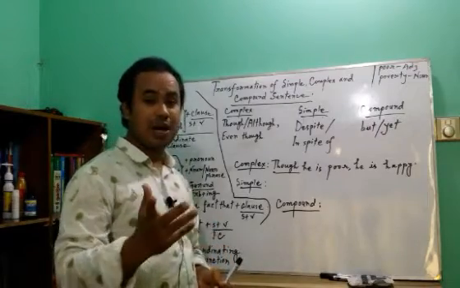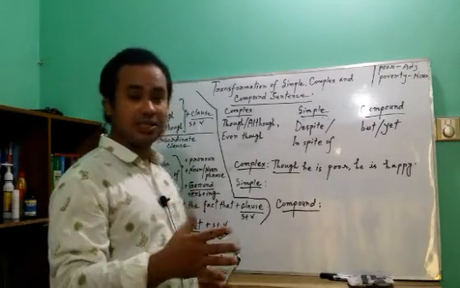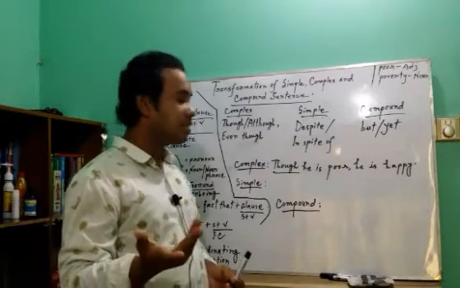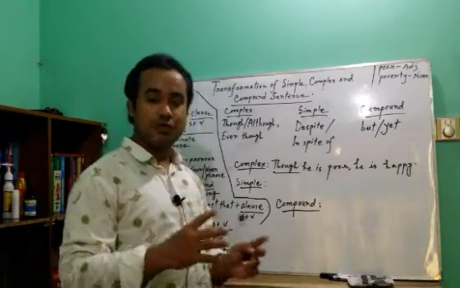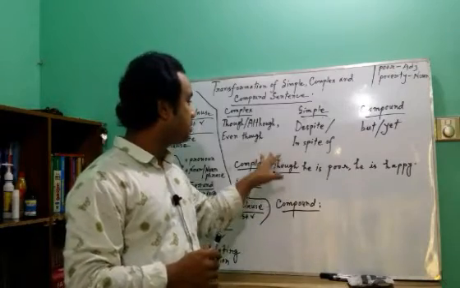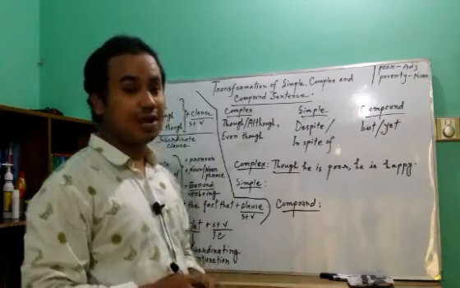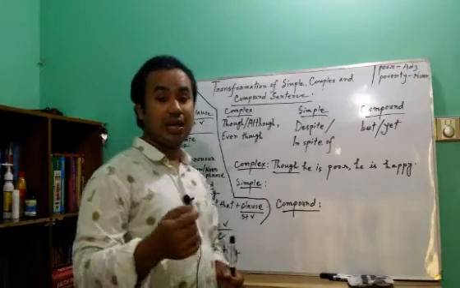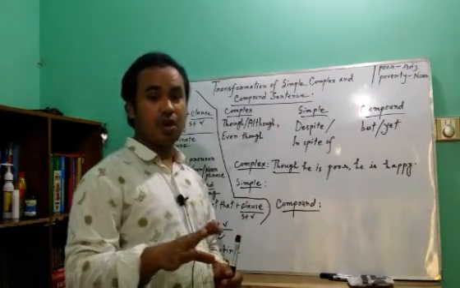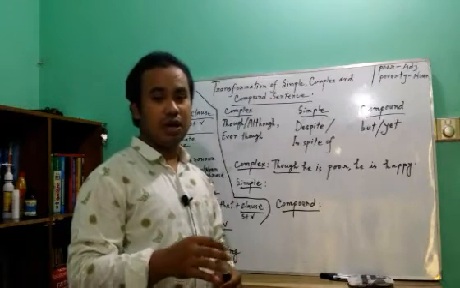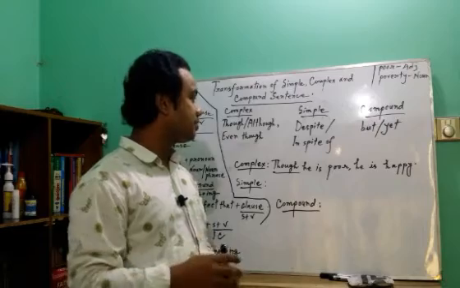It means how to identify different types of sentences. Most importantly, I discussed their formations, how to structure them. And in order to help you to better understand the topic, I made the second video on the difference between finite and non-finite verb. I think you must have seen that.